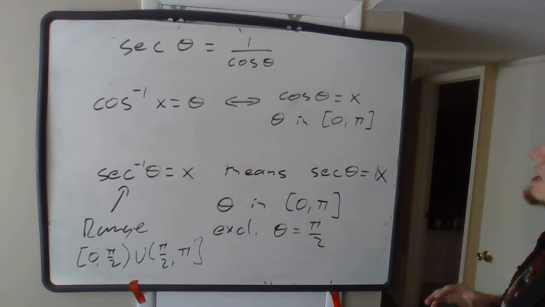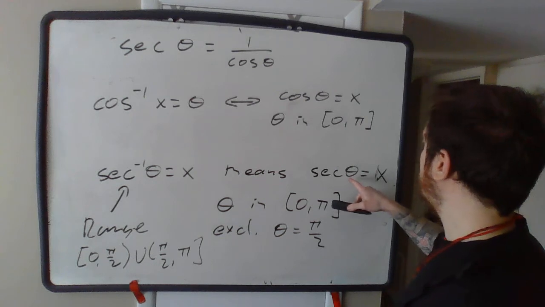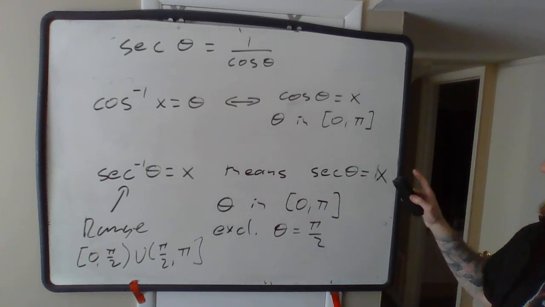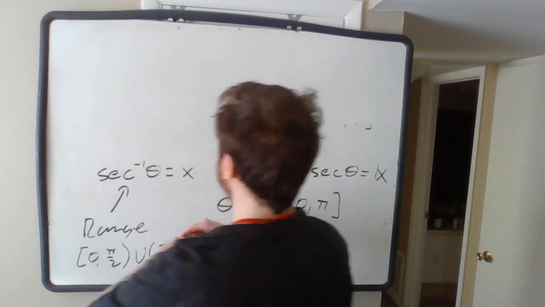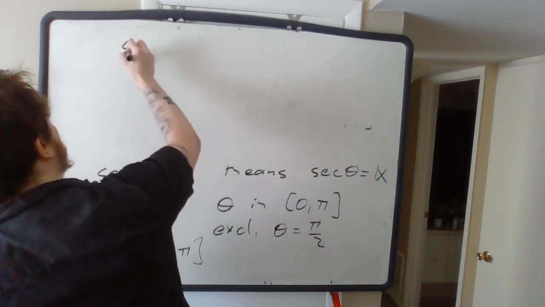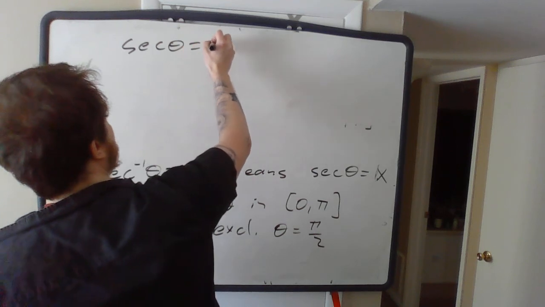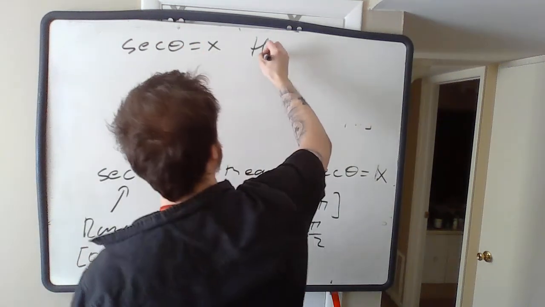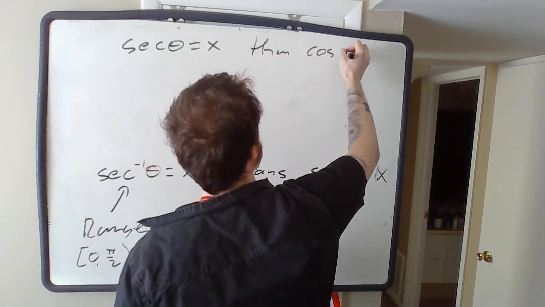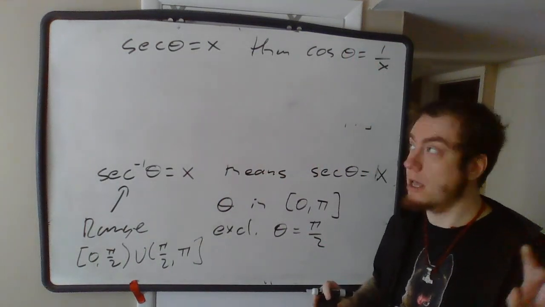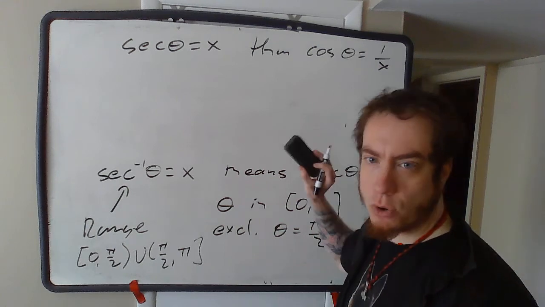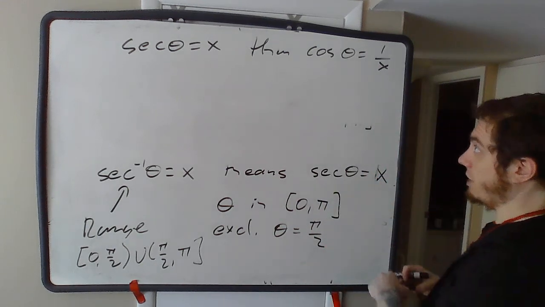Now, something that I want to notice here is that if the secant of theta is equal to x, then there's something we can say about the cosine. So if secant theta is equal to x, then the cosine of theta is 1 over x. Because remember, secant and cosine, these are reciprocals of each other.